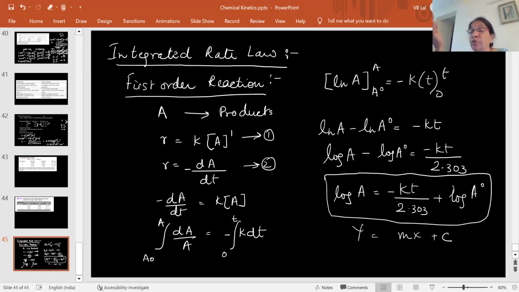There is another way of doing it. You can do it by adding an integration constant also. If you do that, you will finally arrive at this equation only. Okay.